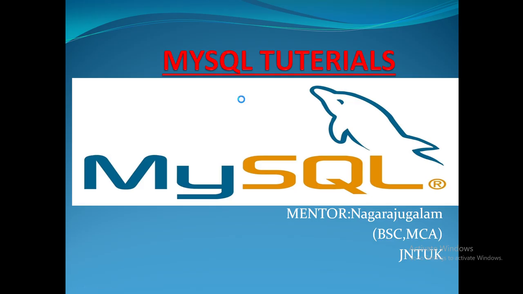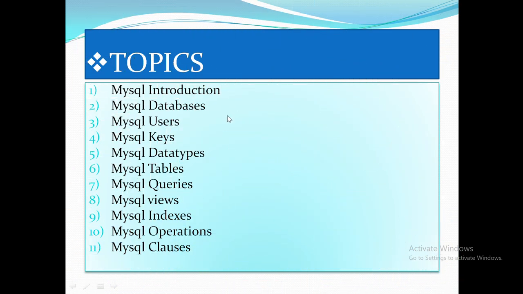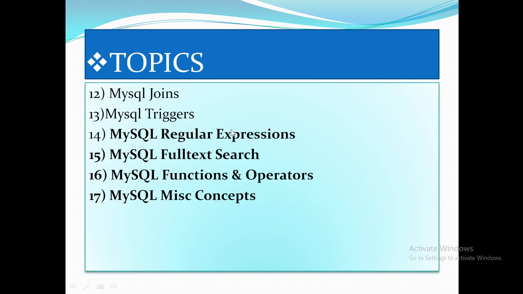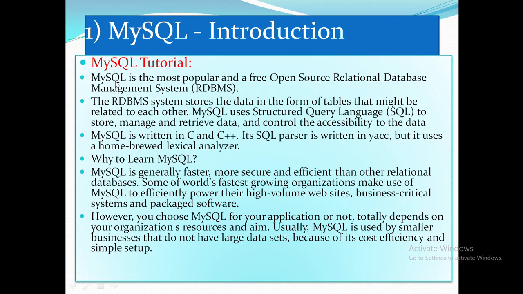So now I'm explaining the introduction of MySQL through the PowerPoint presentation. Look at here. MySQL is the most popular and free open source relational database management system, RDBMS. We call it RDBMS in a smart way. So RDBMS means what? R means relational, D means database, M means management, S means system.